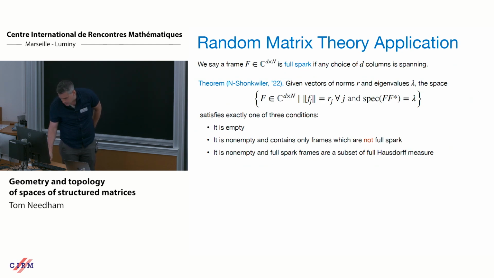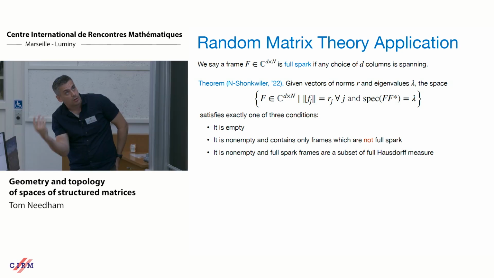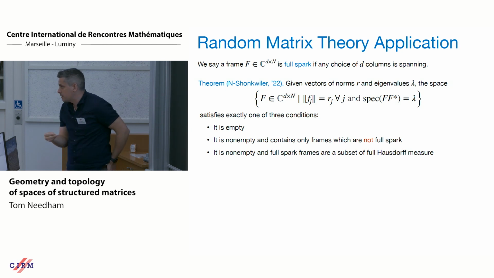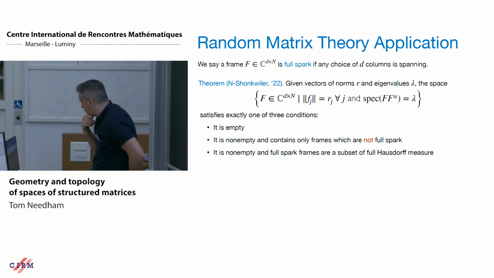Okay, and so we answer this question. We once again work in not just unit norm type frames, but these generalized frame spaces. And we show that one of three things happens. This space can be empty, which I glossed over before: if you choose weird norms and weird eigenvalues, then this can just be empty.